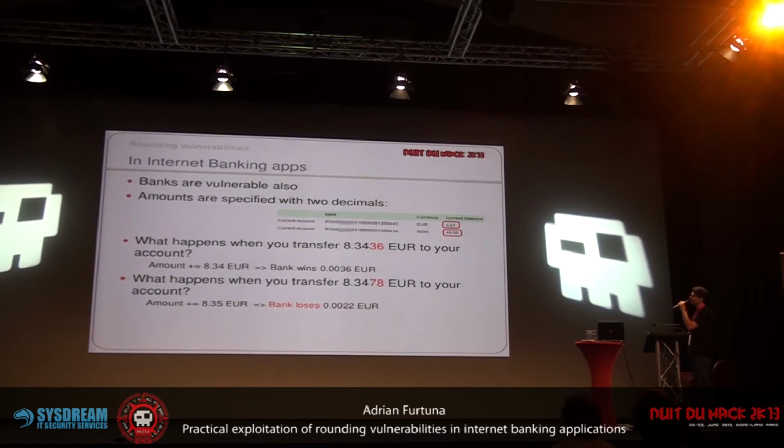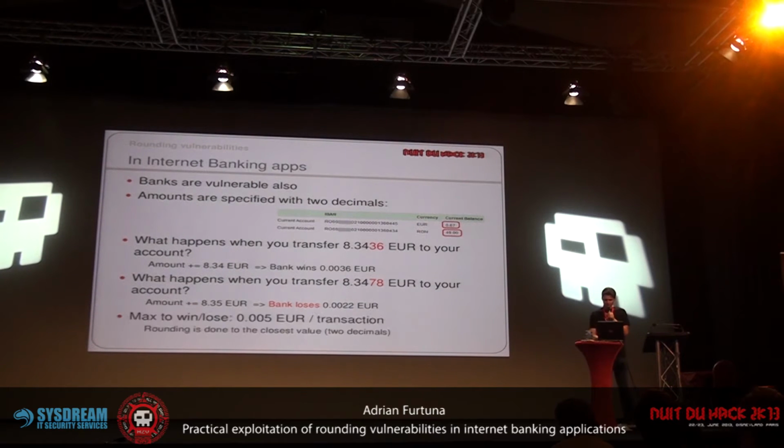In this case, the bank loses 0.0022 euros. Okay? So the rounding is done to the closest value, and the maximum amount that you can win or lose from such a transaction is 0.005 euro per transaction.